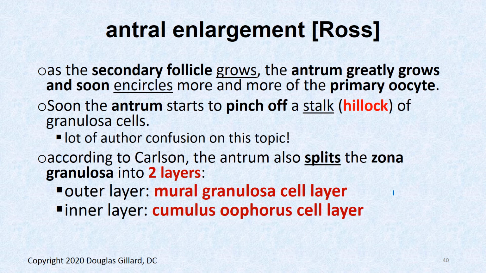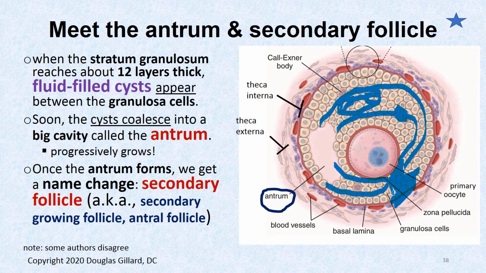As the secondary follicle grows, the antrum is going to grow, just like I said. Primary oocyte, still stuck in prophase, nothing's happened there. But that little stalk I talked about is going to be called a hillock. A hillock. Carlson says that the antrum that grows is going to split the stratum granulosum into 2 layers.